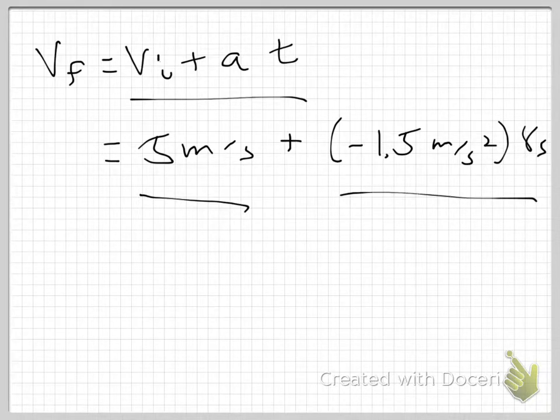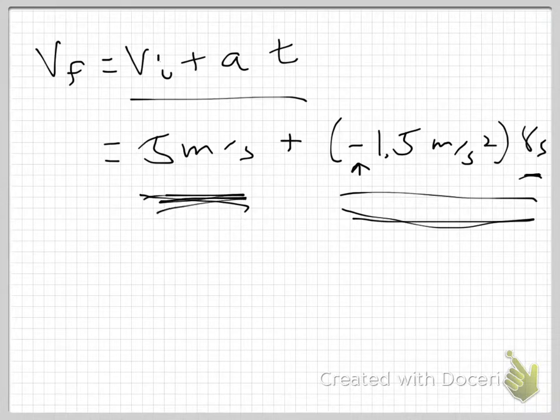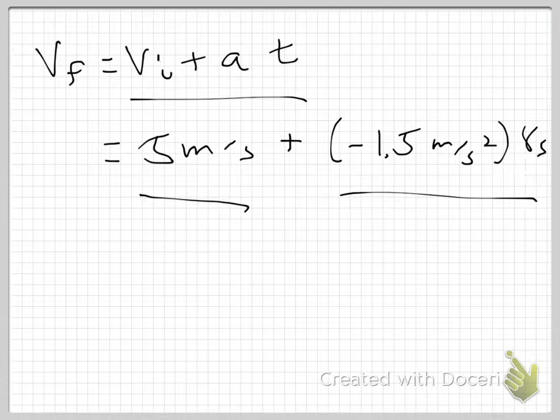This varies as t, but notice there's a negative sign here, which means as t gets bigger and bigger, this term gets more and more negative. So at small t, the constant one is going to be big, and we expect the velocity to be positive. But as t gets bigger, this takes over, and the velocity becomes negative.